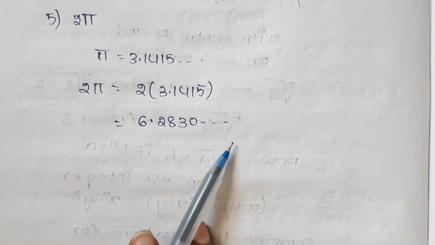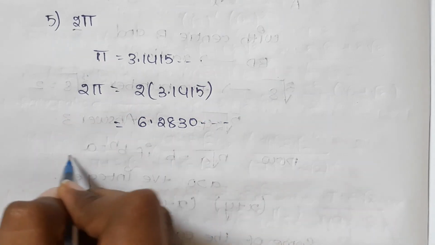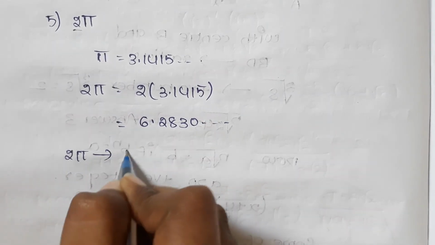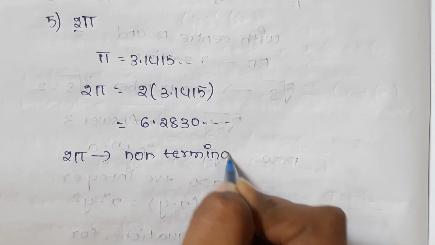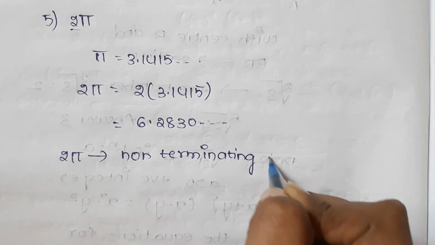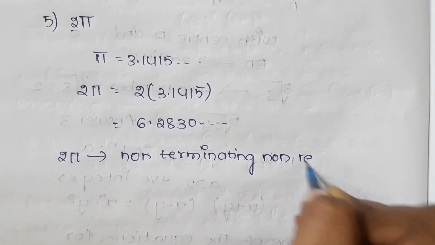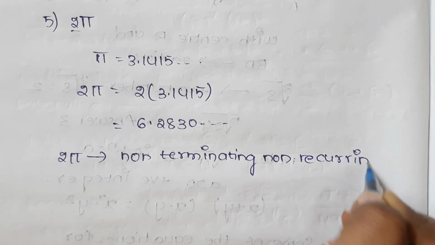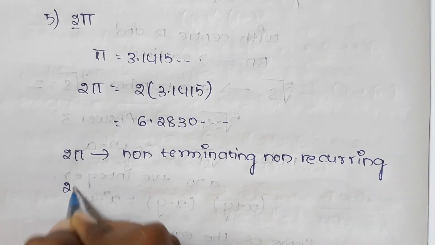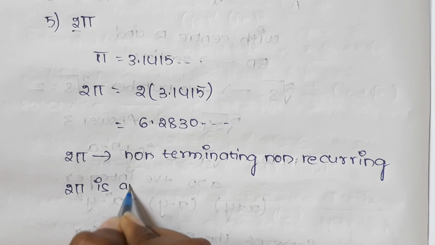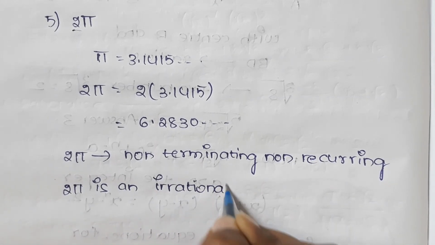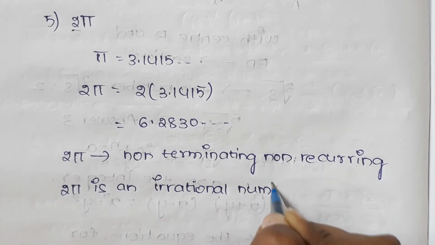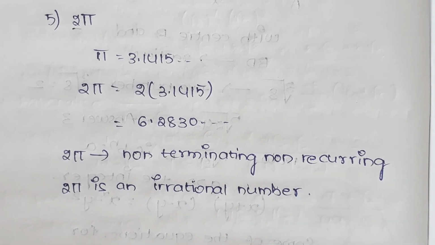So here 2 pi is also non-terminating non-recurring. So here 2 pi is an irrational number. And this is about the first question.